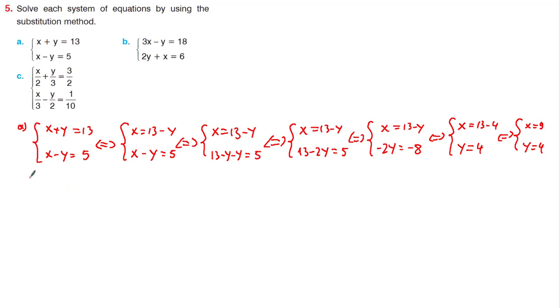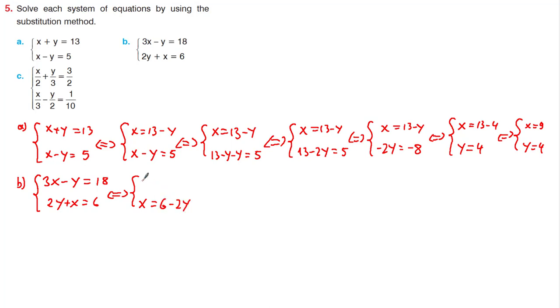The second system under B is 3x minus y equals 18, and 2y plus x is equal to 6. We can express any of these variables in terms of the other, but I think it's easier to express x as 6 minus 2y.